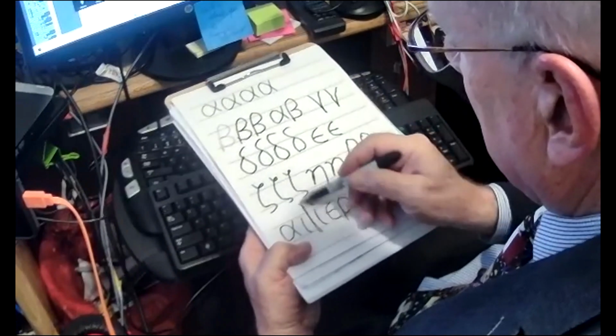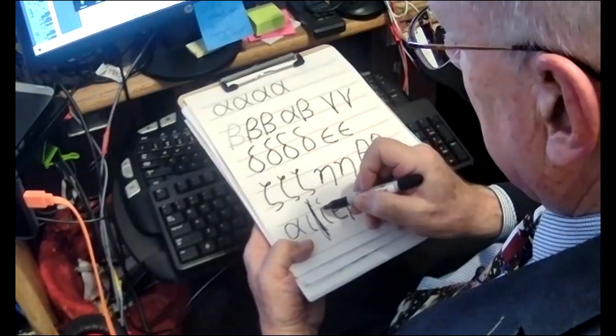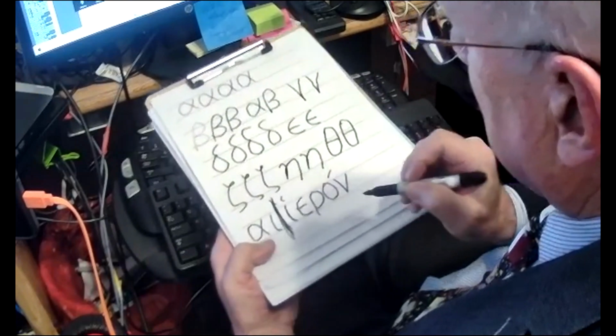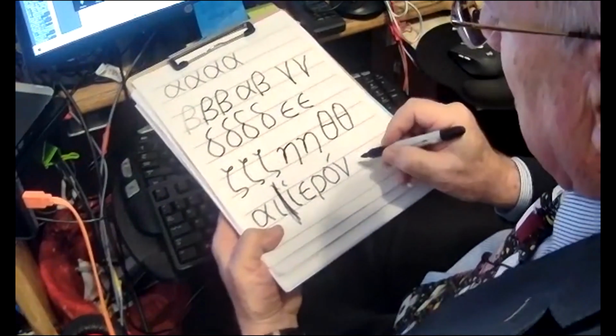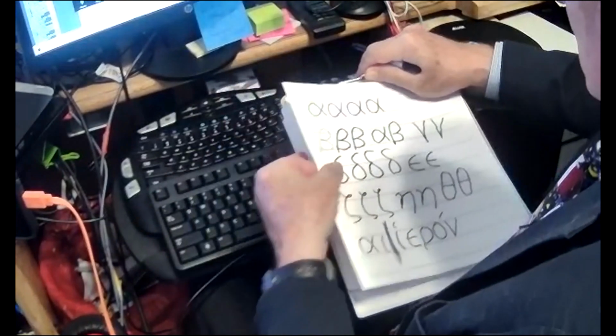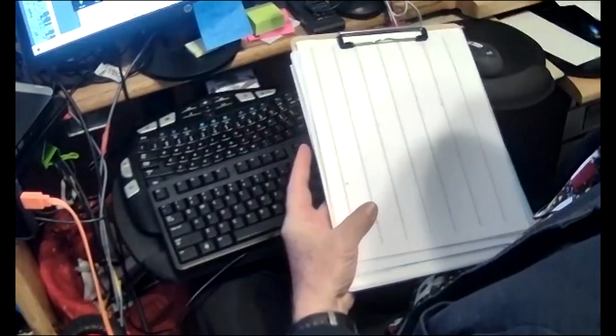Notice I'm just showing you the iota, same size as alpha and the same size as epsilon. Now I better take this page off because I've made some confusion, I think, by introducing some more new letters before they come.